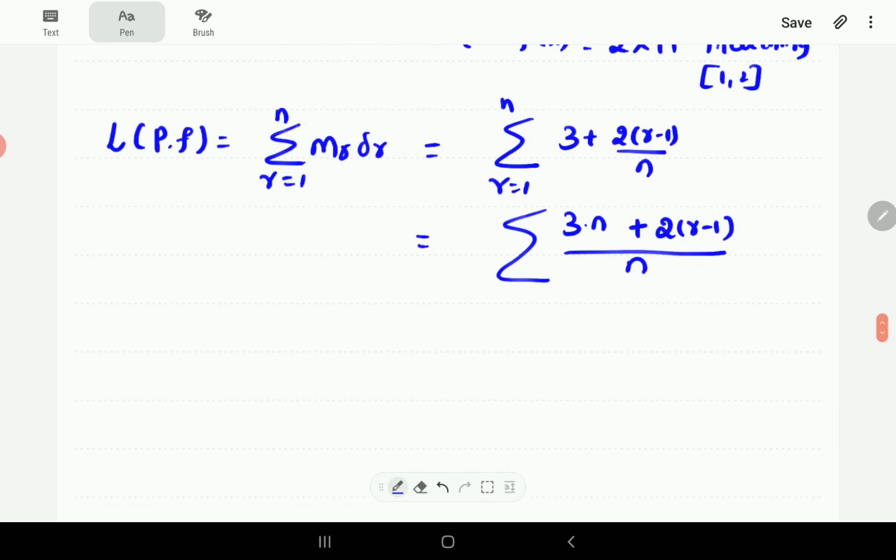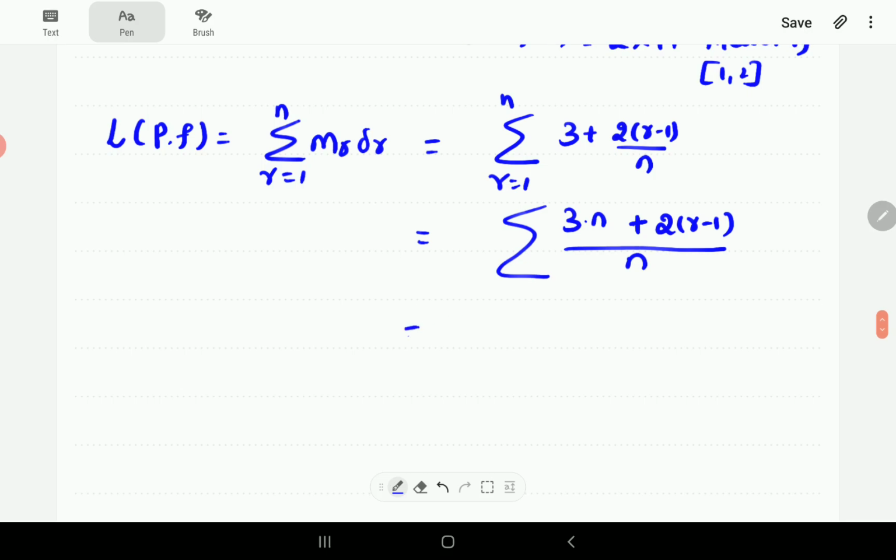If I take out all the terms other than r, it is simply 3 into n upon n plus 2 by n, into summation of (r minus 1), r running from 1 to n. So this is how we get.